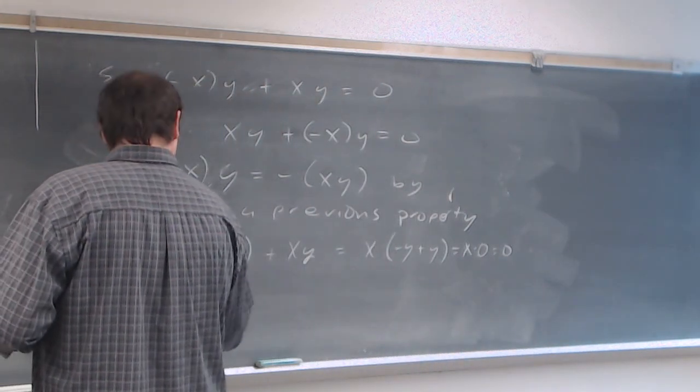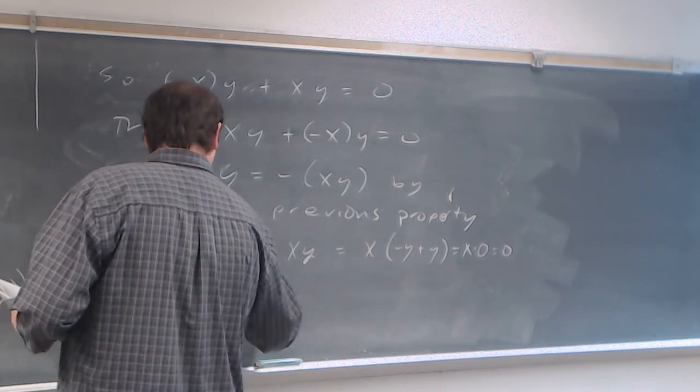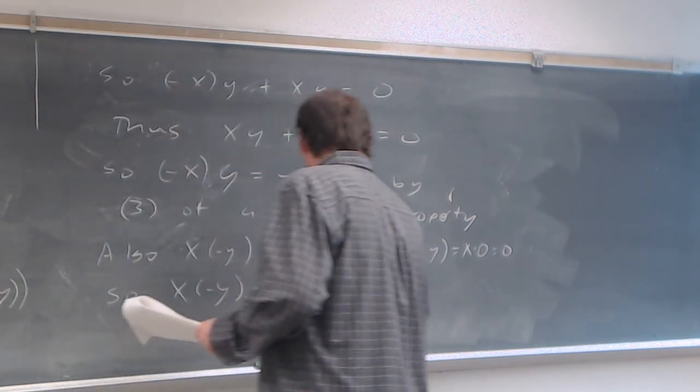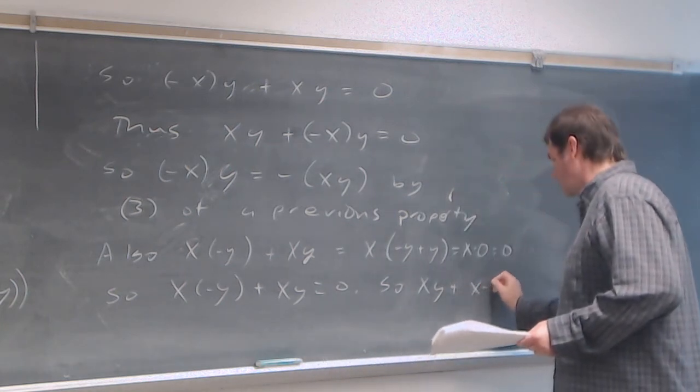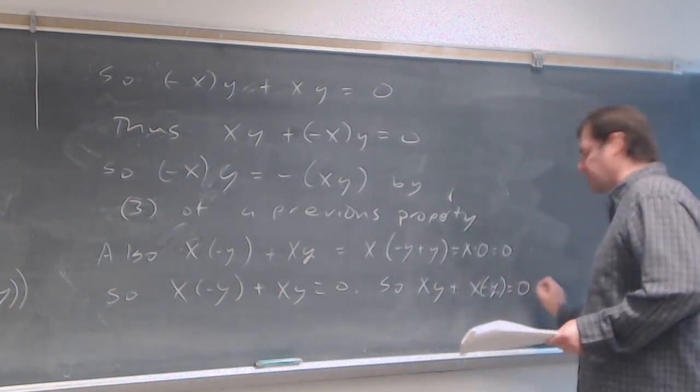So that says that x times minus y plus x times y equals 0. So that says that x times y plus x times minus y equals 0.